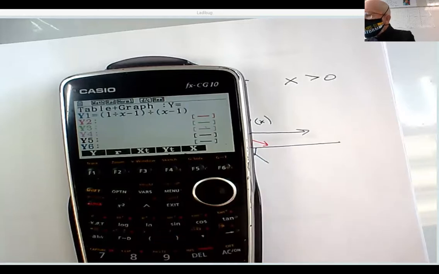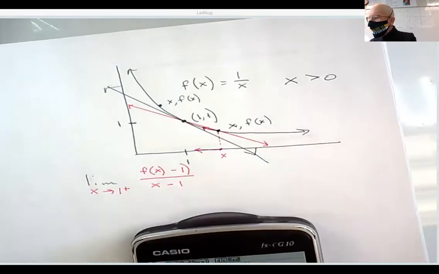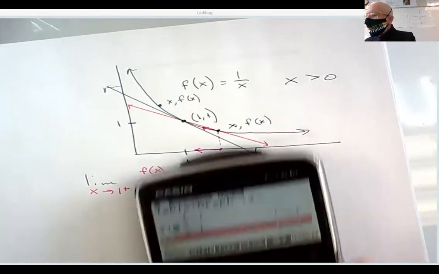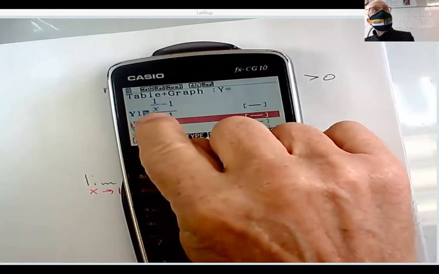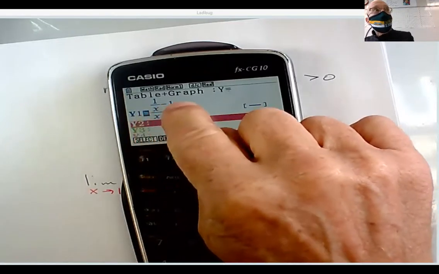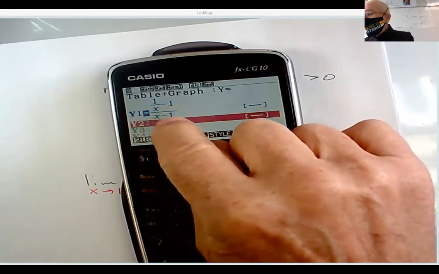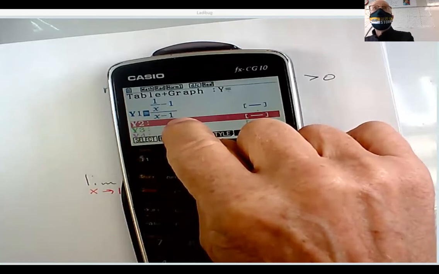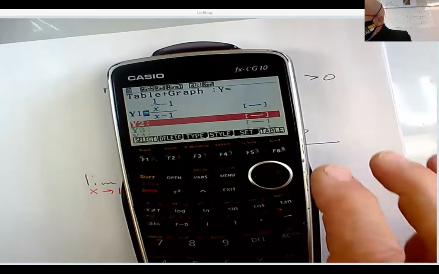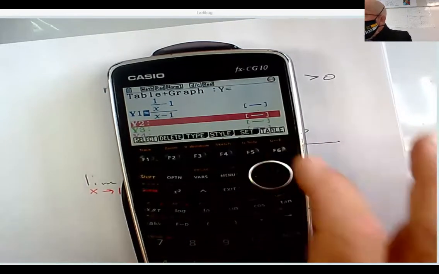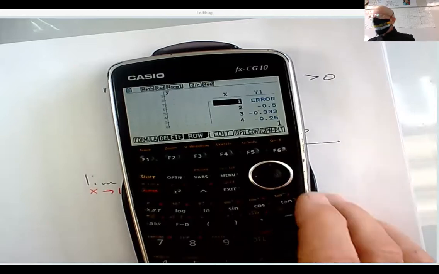Sorry. That's the slope. This is f of x minus f of 1, over x minus 1, correct? Are you okay with that now? That's what I want to look at.